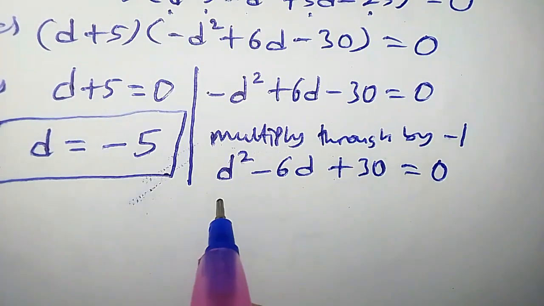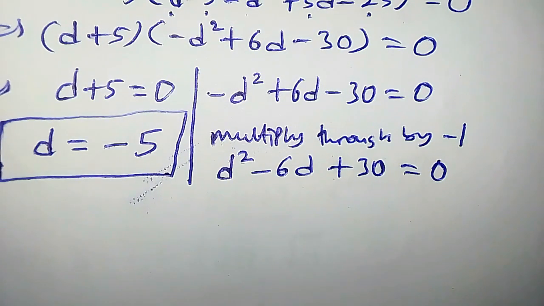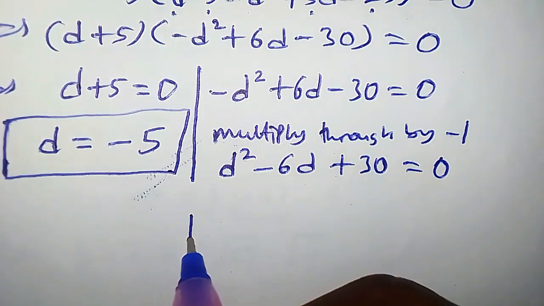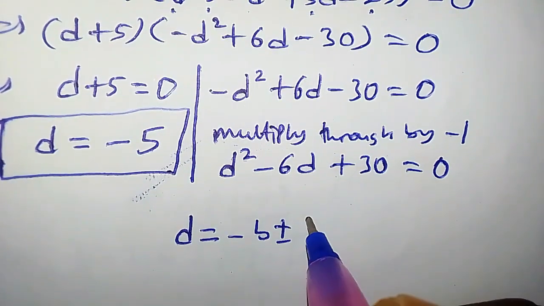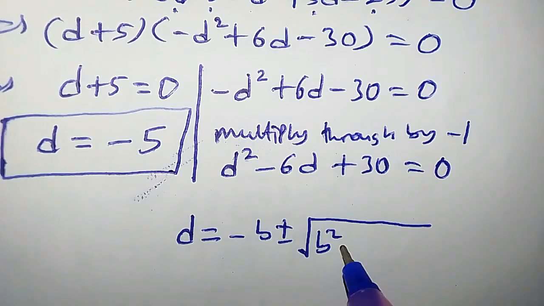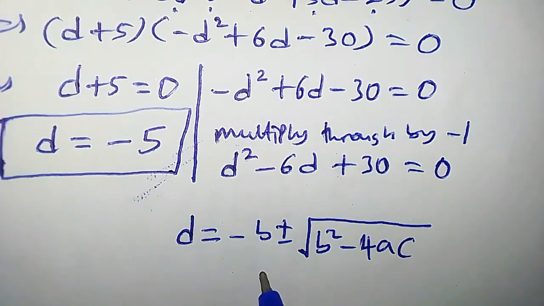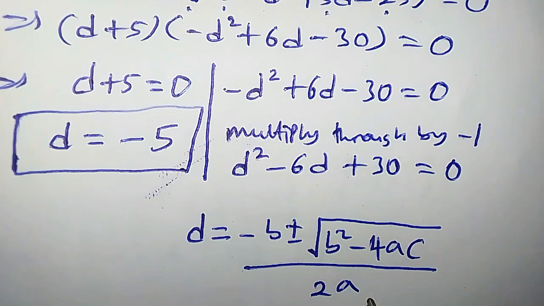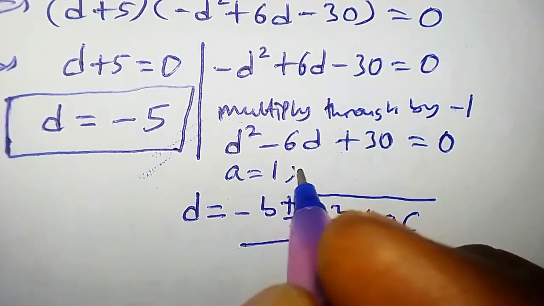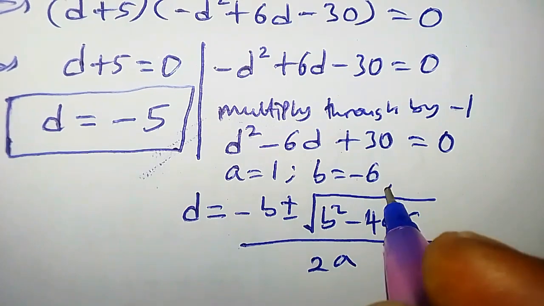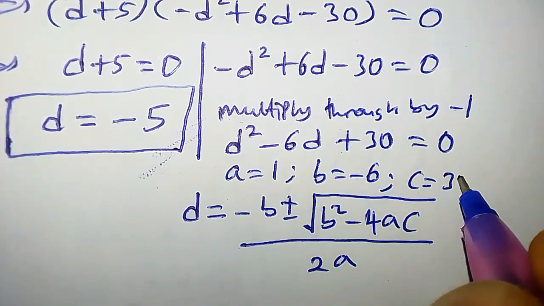We can now easily solve this quadratic equation using the quadratic formula. The quadratic formula says d is equal to minus b plus or minus the square root of b squared minus 4 times a times c, all divided by 2a. From this equation, a is equal to 1, b is negative 6, c is 30.